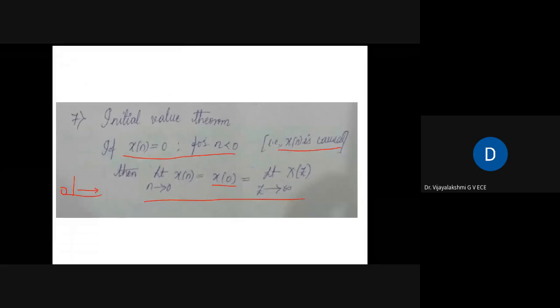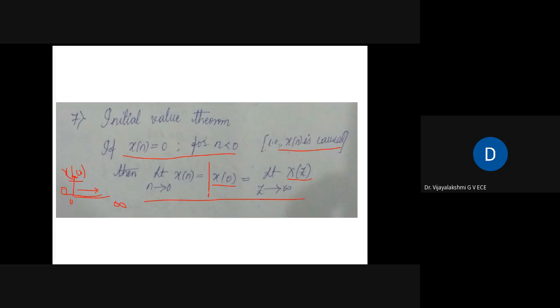Then the initial value of this signal. So when x of n is defined only from 0 to infinity, the initial value of this is x of 0, right? Yes. So the initial value of this signal can be found out by using its Z transform x of z by applying the limits on x of z as z tends towards infinity.